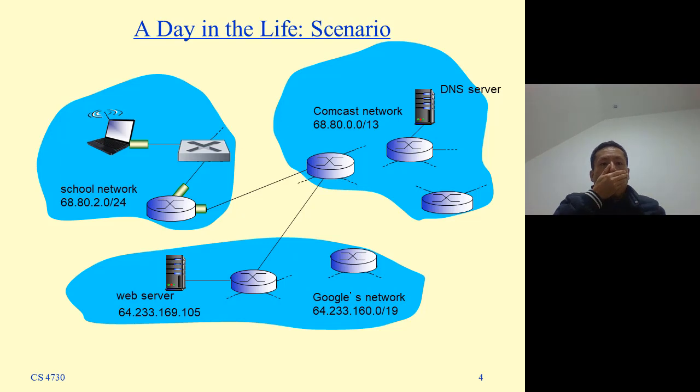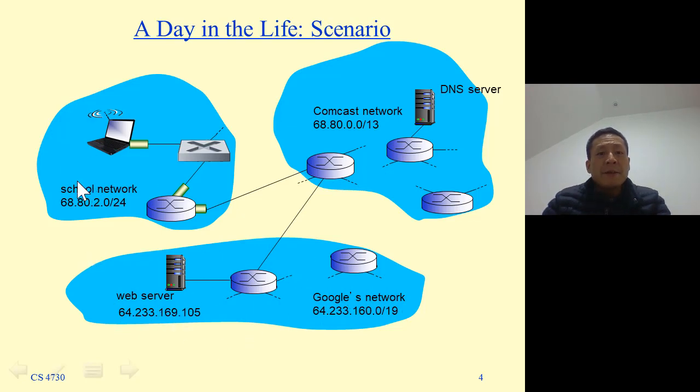So this is the basic scenario. You have the school network right here, and you have the DNS server, which usually is provided by the ISP, Internet Service Provider, and then the destination web service by Google, the data centers usually.